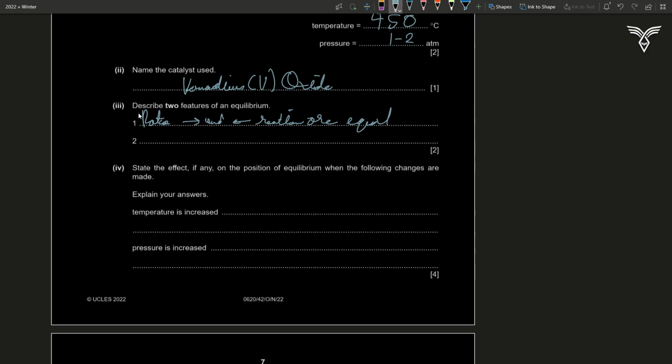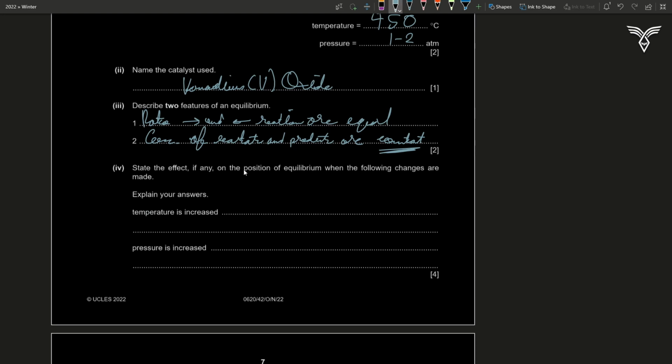And the concentrations of reactants and products are constant, not equal. They are constant because they go back and forth in the reaction. In a dynamic equilibrium established, it's constant, not equal.